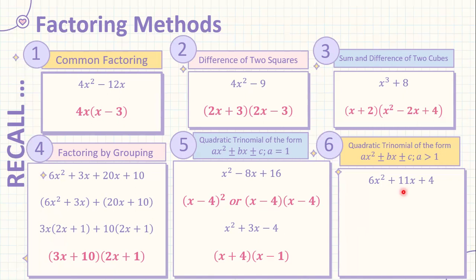We can have 3 and 8, because 3 is a factor of 6, and 8 is a multiple of 4. So we can write in this way. 6x squared plus 3x plus 8x plus 4.